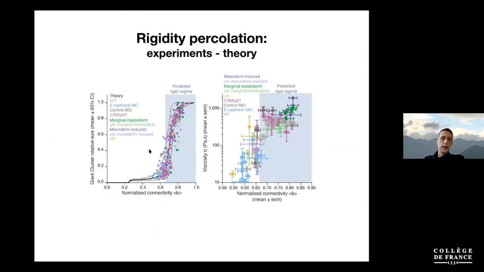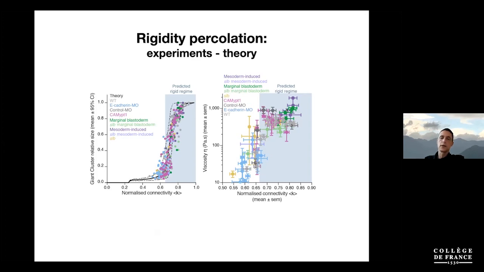Now, what Nicoletta then did, she took all sorts of experimental conditions. E-cadherin knockdown, she interfered with myosin activity, she took tissues from different parts of the blastoderm, marginal blastoderm, mutant background, mesoderm-induced cells, essentially everything she could do with the tissue. And then she plotted viscosity as a function of connectivity, and here giant cluster size as a function of connectivity.